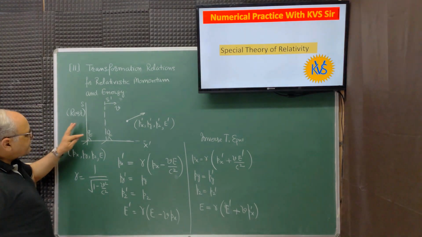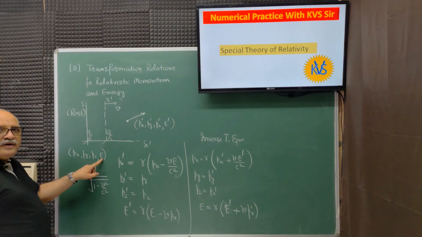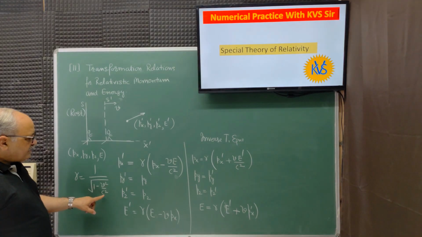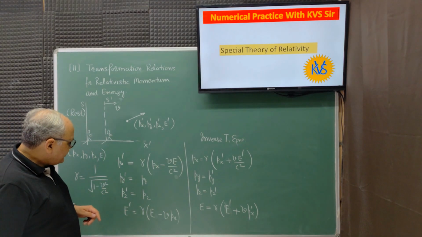Now to the observer in the frame S, the components are Px, Py, Pz and relativistic energy is E. Taking the Lorentz factor as 1 by under root of 1 minus v square by c square, we have these transformation equations for momentum and energy.